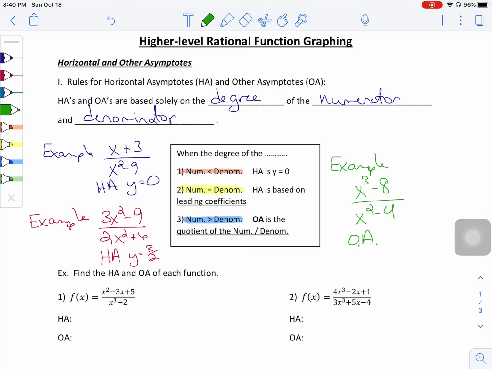I'm going to say OA because in this case it's an oblique asymptote because this degree is 1 higher. There's a one degree difference between these two, but it applies for any oblique asymptote or any other asymptote. You are going to do some form of division. So I'm going to write divide to find the asymptote.